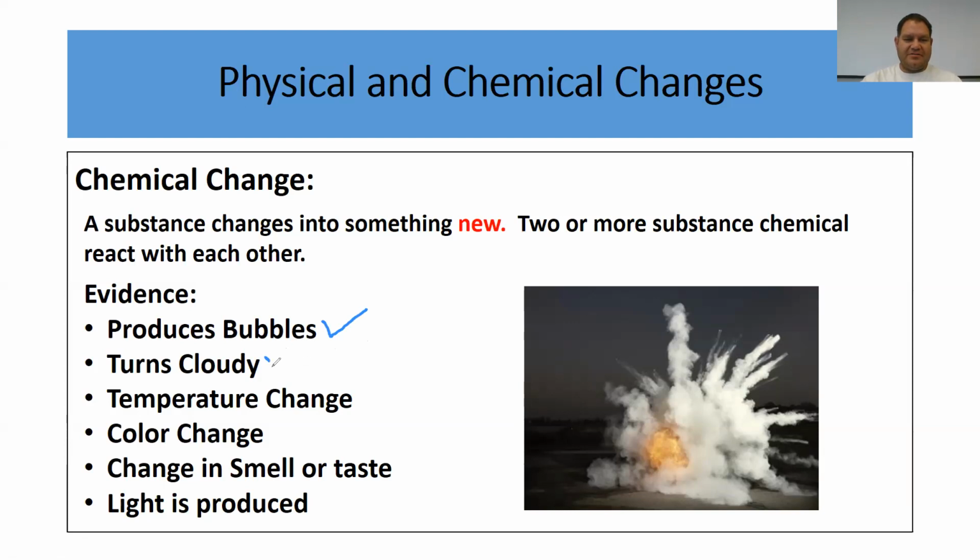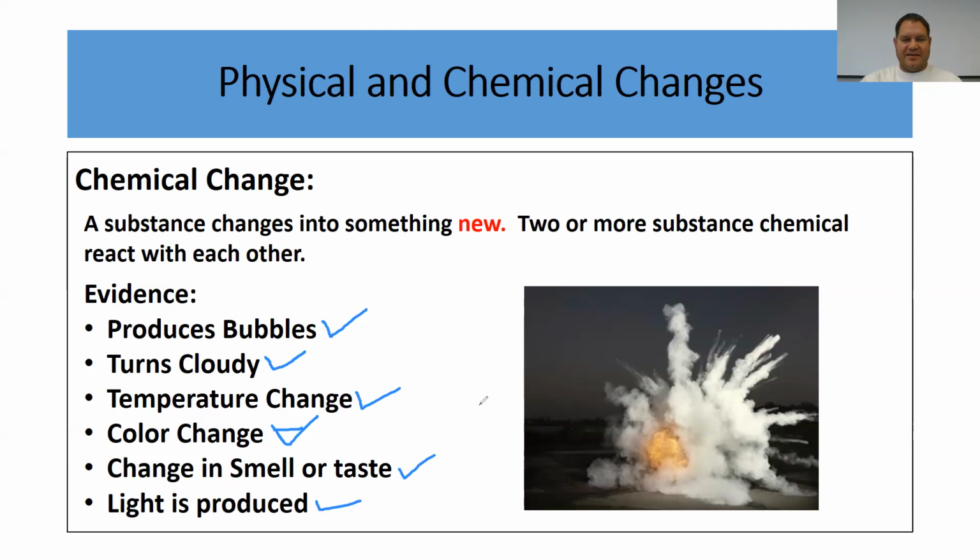It might turn cloudy, which means a solid is being formed. There could be a temperature change, color change, change in smell or taste. This is a big one, like light is being produced, energy is being produced, which results in that temperature change.